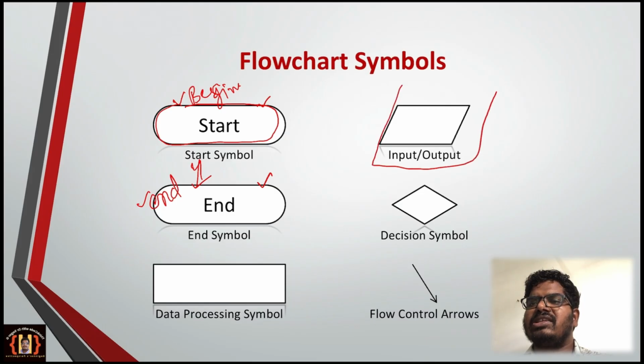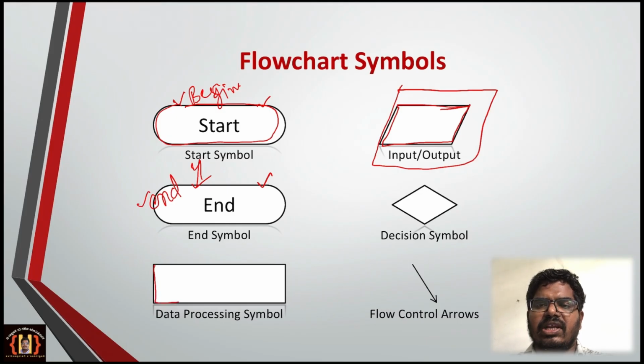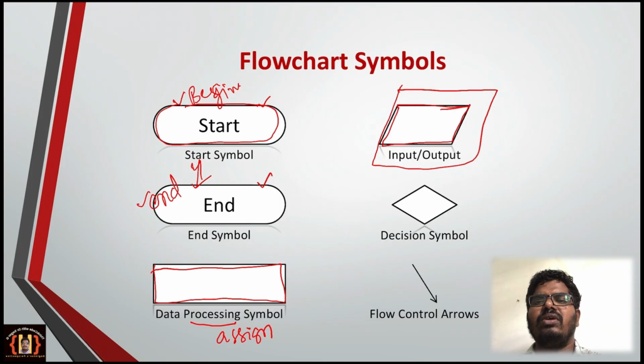And once you start, as I said, we should have a clear input and output. If no input, at least output should be there. And for this, we use this parallelogram. This is the symbol we use for input and output. And next we have this rectangle, and this rectangle is basically used for processing. Processing means usually assigning something. I'll explain, don't worry now.